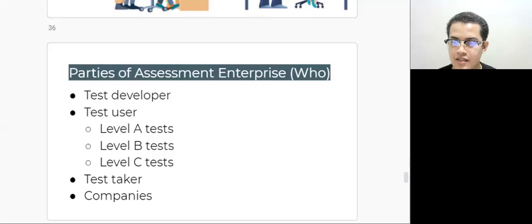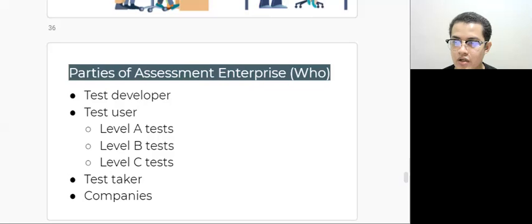Now, level B test includes the tests which require specific training for administration and scoring and interpretation. So unlike level A, which does not necessarily need training, and so you can use level A with just your test manual, level B has to be conducted by a person with specified training in terms of administration, scoring, and interpretation of the test.